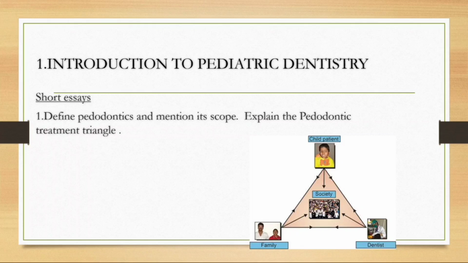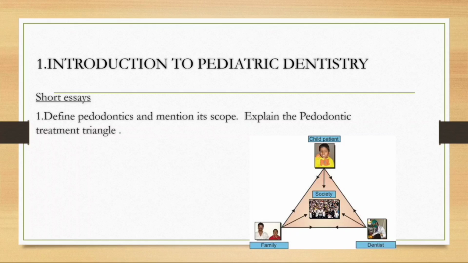It was defined by Wright in 1975 and later modified by McDonald in 2004, where the difference between child and adult with respect to treatment was emphasized. So that was about the pedodontic triangle.